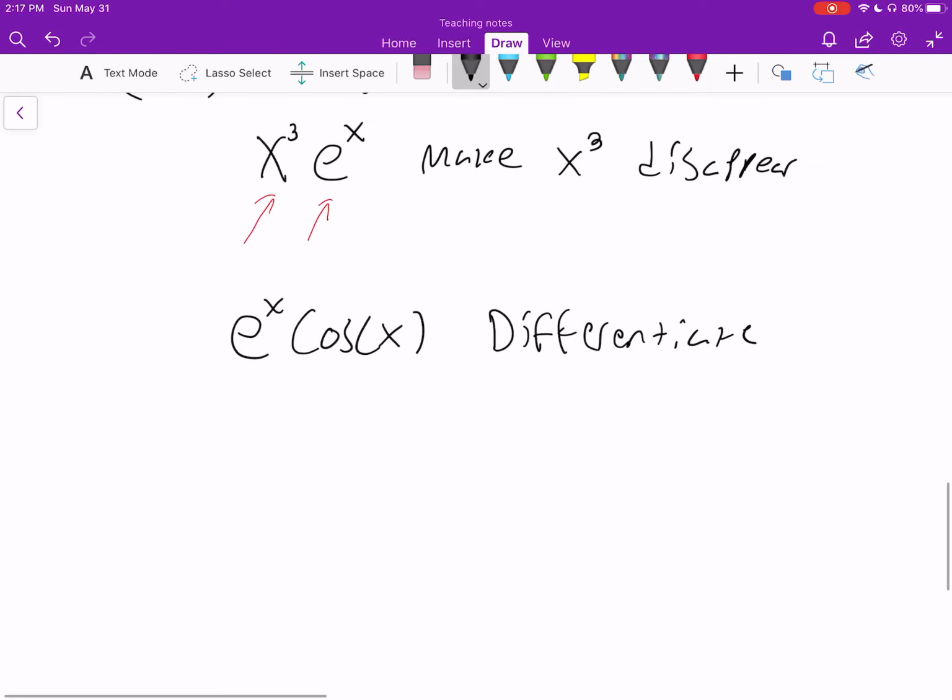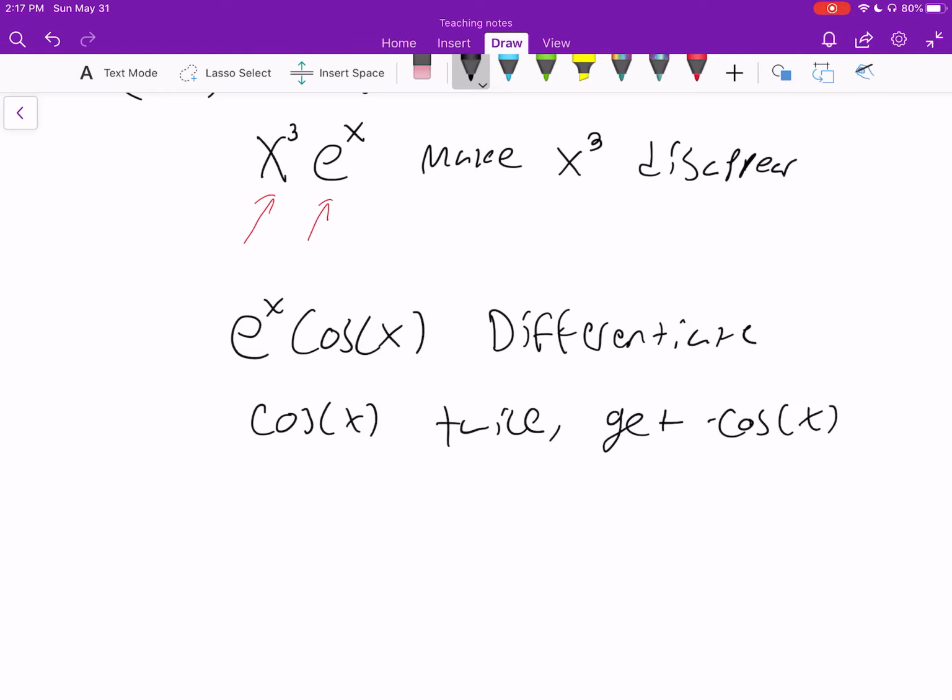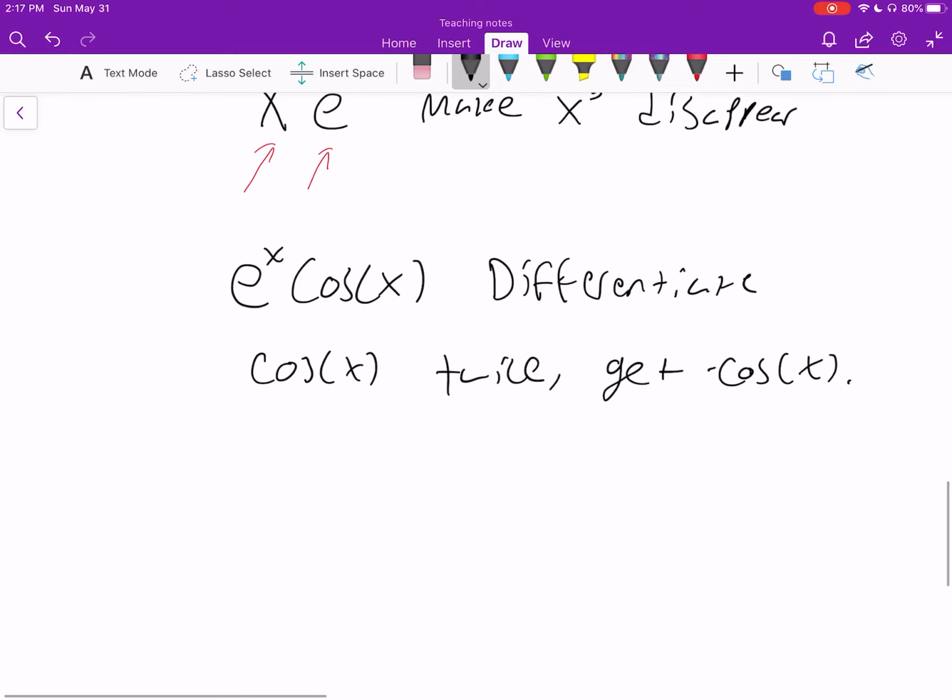If you differentiate cosine twice, you get cosine again with a minus sign. And so that's helpful in the fact that this sets up an equation to solve for our integral.